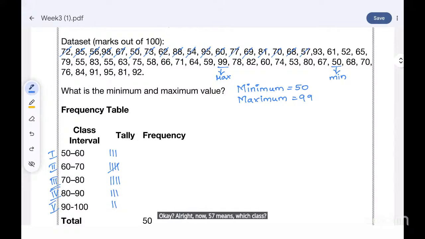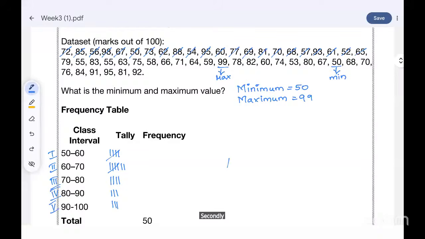Now 57 means which class? First class. 93, Fifth class. 61, Second class. 52, First class. 65, Second class.